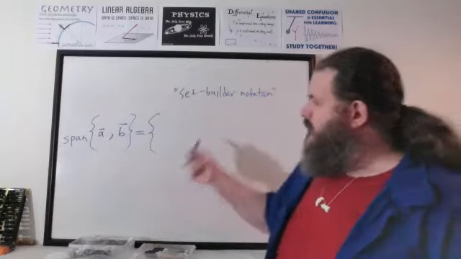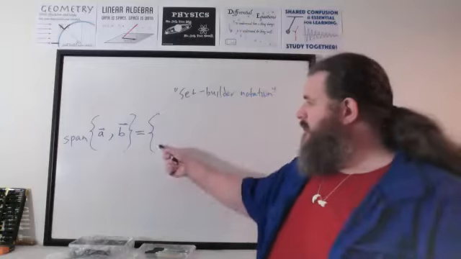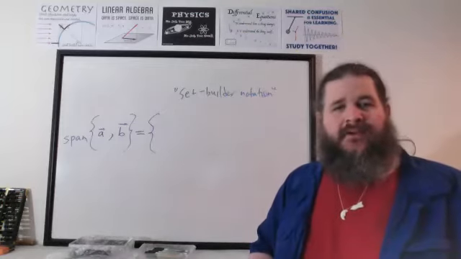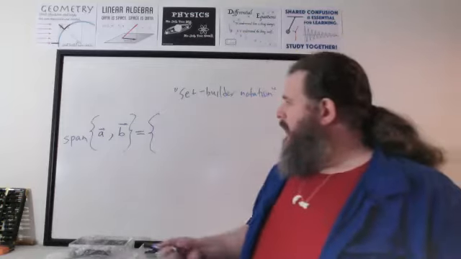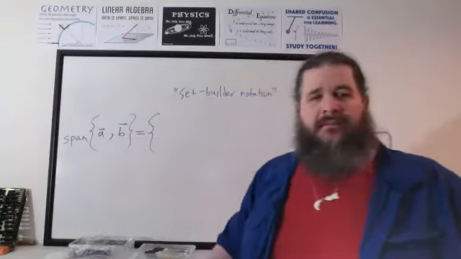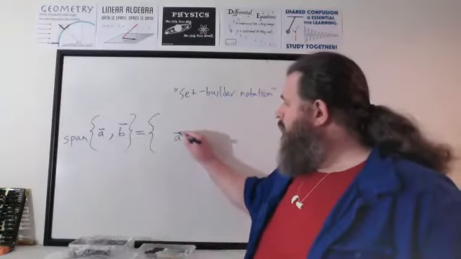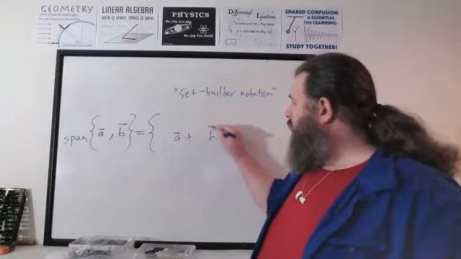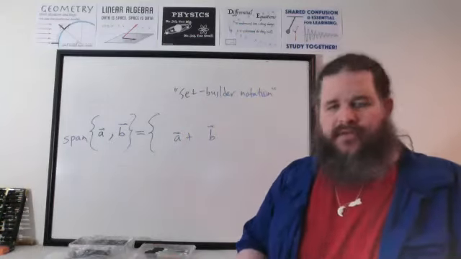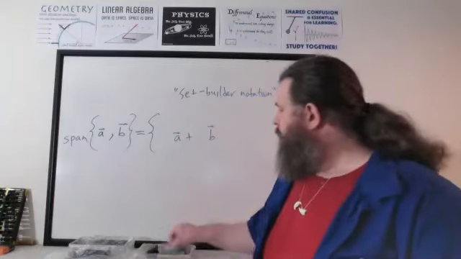And the way that's usually written is you write out the general format of things that are in this set. And linear combinations of A and B are just going to be some scalar times A plus some scalar times B. Let's call those, let's say, C1 and C2.